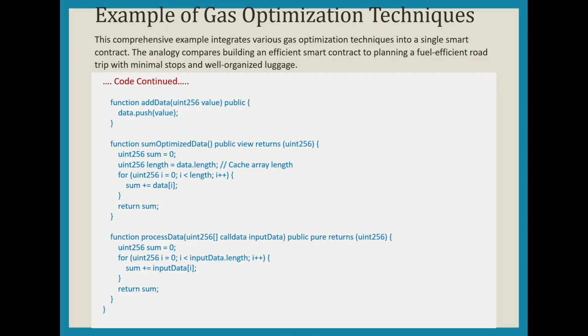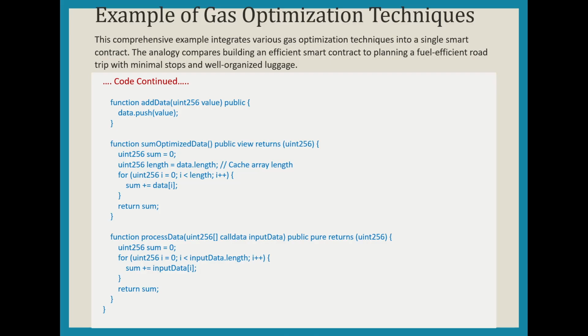Then you have your processData function, which again sums the elements of an input array. Anyone can call this function because it's public and pure, and it doesn't modify or read the state. The data location here is calldata for the input data parameter, which is much more gas efficient for read-only parameters. You use calldata when you have read-only parameters.